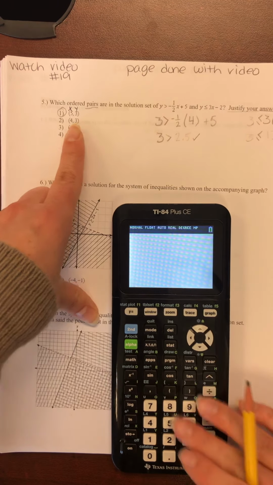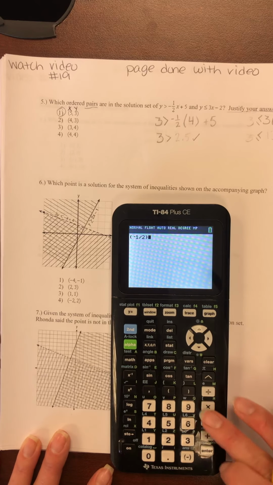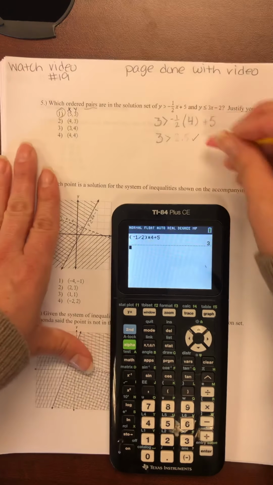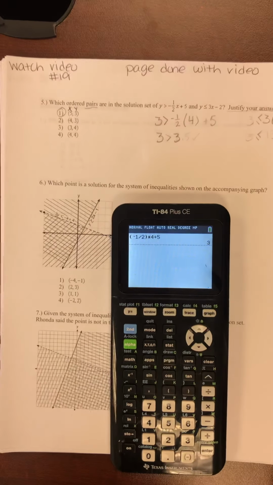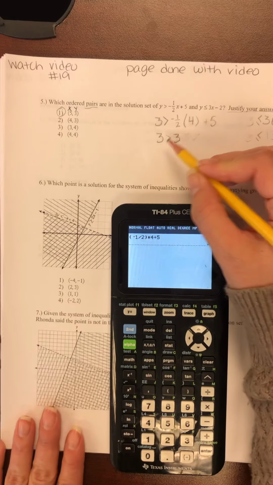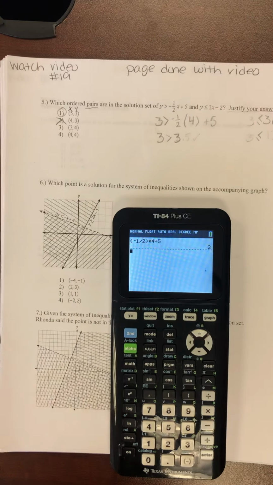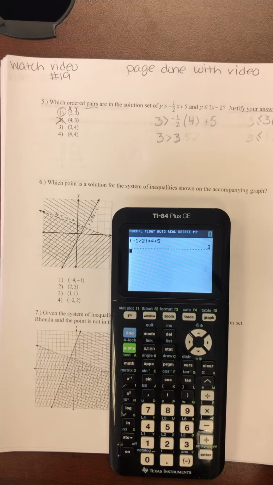Again, for a fraction, you're doing parentheses, -1 divided by 2 times 4, and then plus 5, and we get 3. So is 3 greater than 3? No, because it doesn't have the "or equal to" line. So this point does not work. We're not circling choice 2, and we don't even have to try it in the other inequality because it doesn't work in the first one.